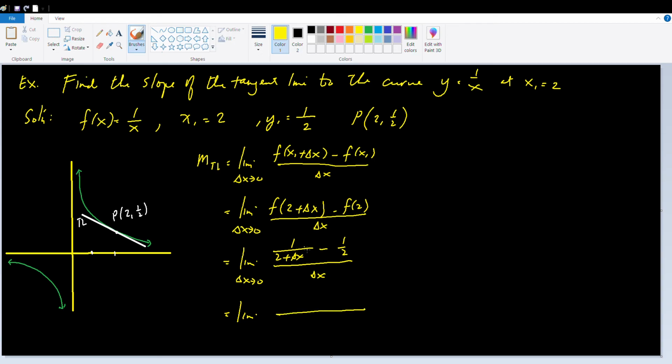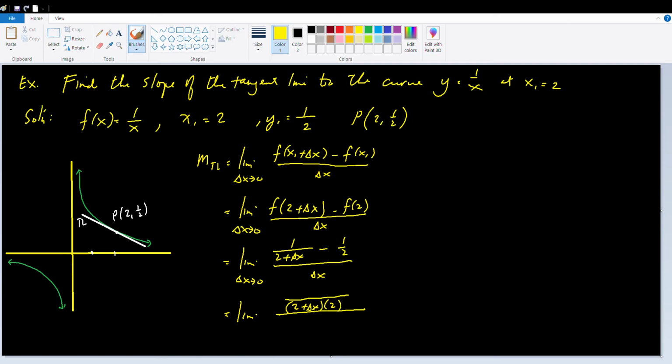Let us combine the fractions in the numerator. So the least common denominator will be 2 plus delta x times 2. Okay?